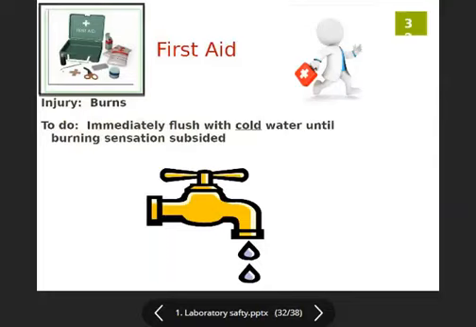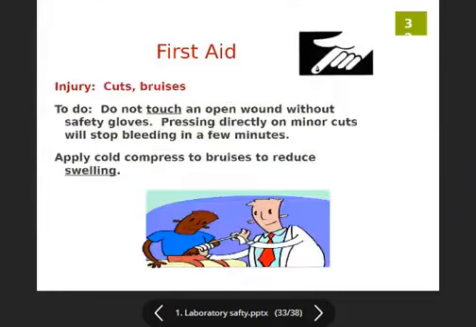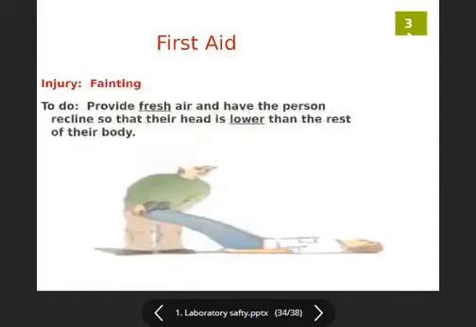So we should use the first aid box if we get a burn or cuts or bruises also. We have a first aid box wherever we are working, so that we can use it to manage. If somebody faints, you know the meaning of fainting?